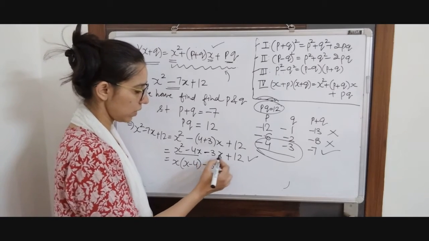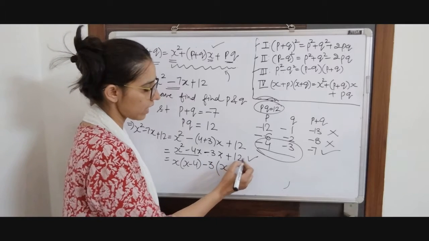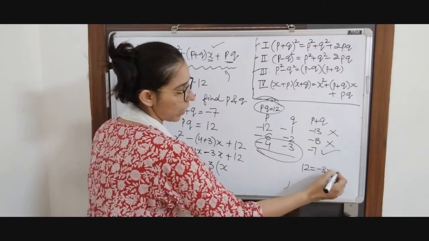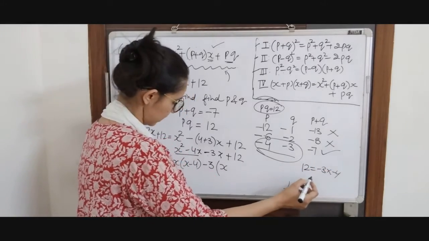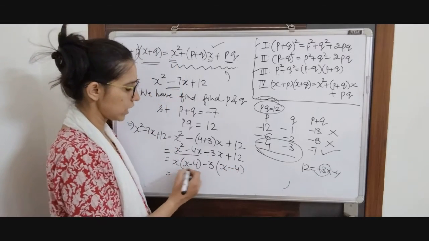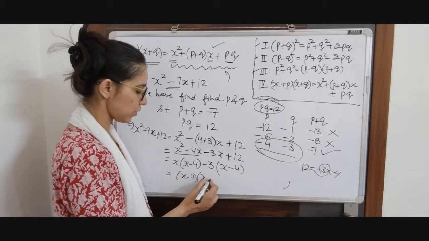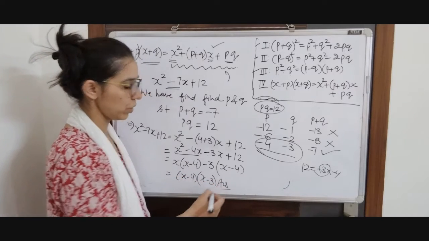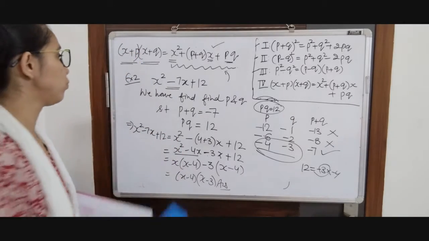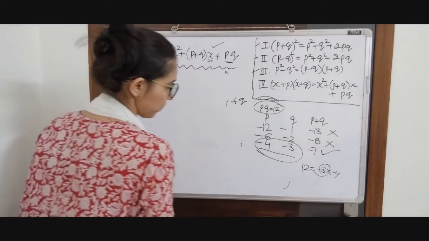So minus 3 common, and 12 we can write as minus 3 into minus 4. Now x minus 4 is common from both the terms, so we are left with x minus 3, and this is going to be our answer. So like this we are going to solve the questions related to this identity.